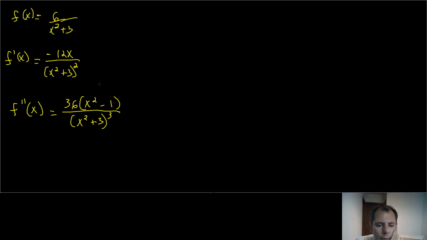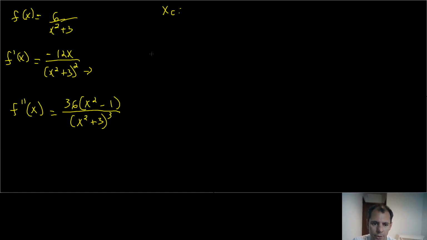Okay. Now let's see. What are the critical points in here? The critical points are when the first derivative is 0, okay? So the denominator doesn't have any problems because it's x squared plus 3, so you don't have to worry about it. If it were x squared minus 3, you could not have plus or minus square root of 3, okay?